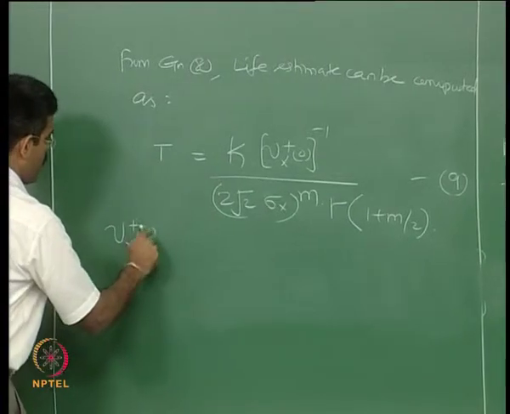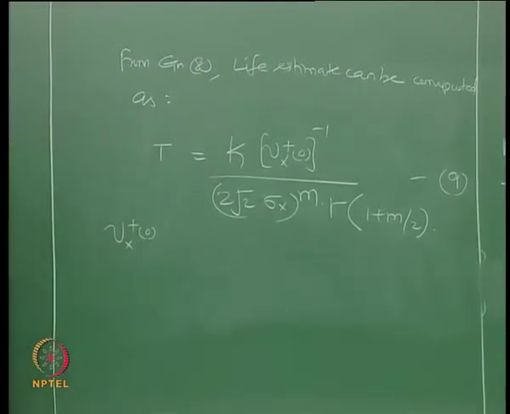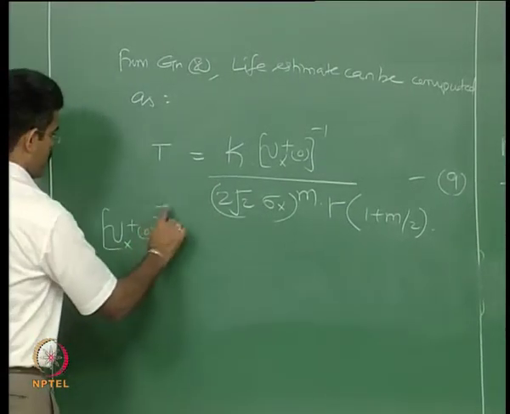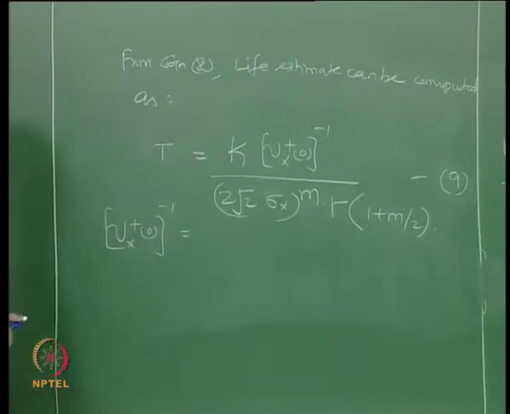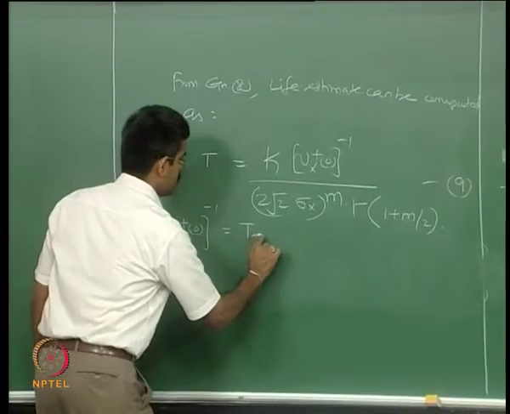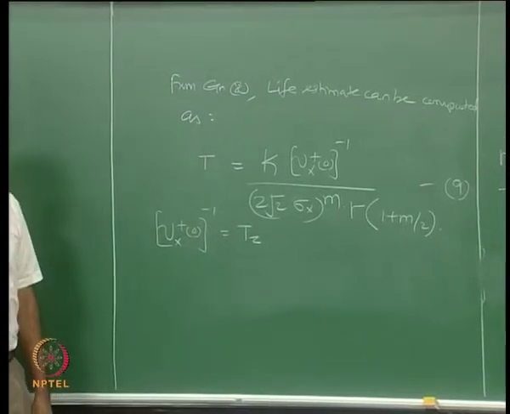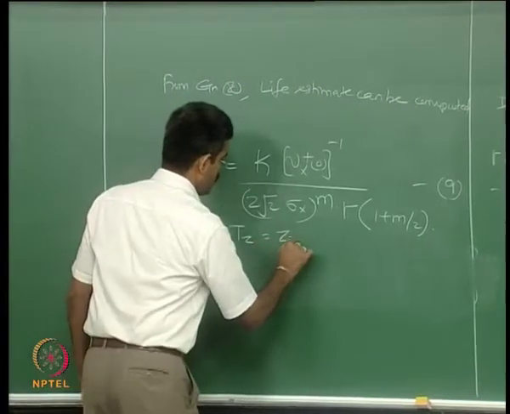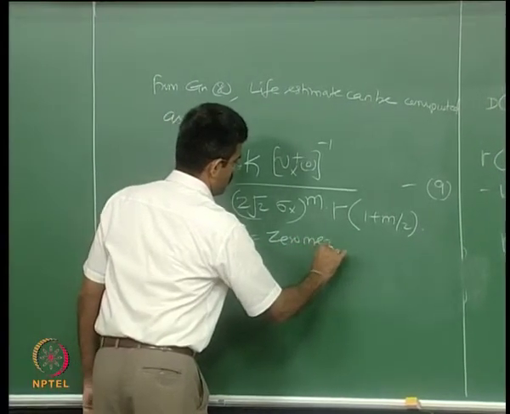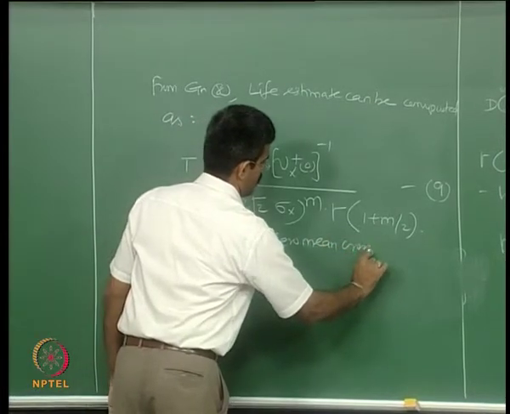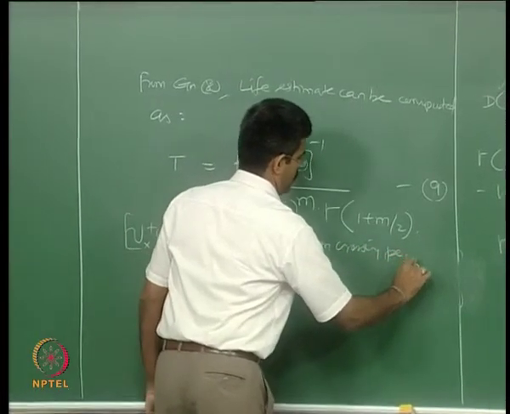The inverse of v_x plus 0 is otherwise addressed in the literature as Tz, where Tz is called the zero mean crossing period.